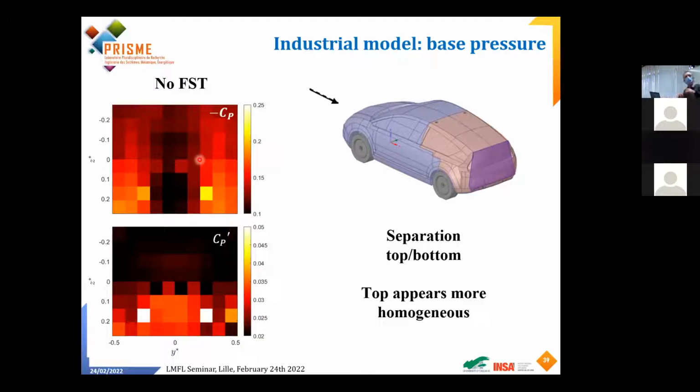I'm not sure what you see. Oh, yes. There is an upper part effect and a lower part effect, certainly due to the fact that the shear layers are different from the top and the bottom. And it's even more evident on that part here, where we have almost no fluctuations compared to what's happening here.